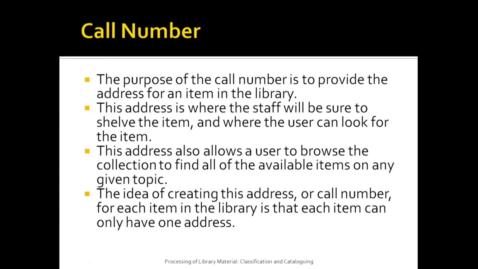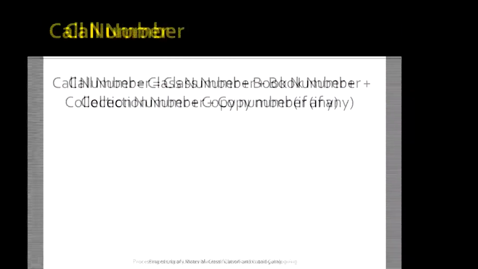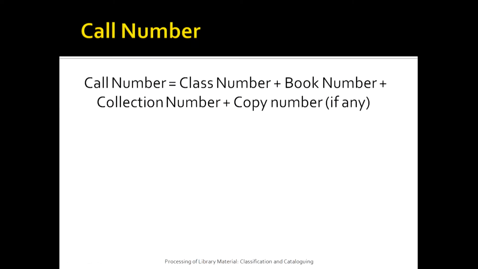This address also allows the user to browse the collection to find out the available items on any given topic. The idea of creating this address or call number for each item in the library is that each item can have only one address.